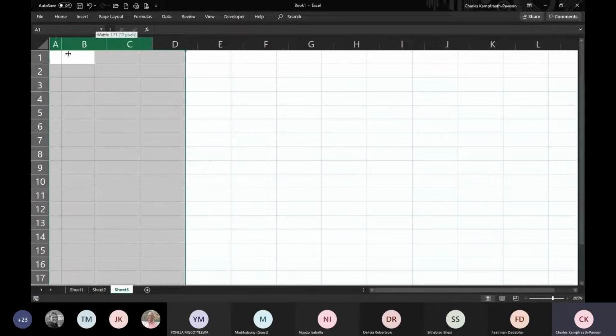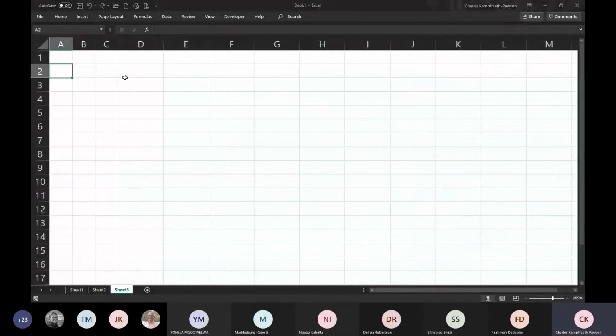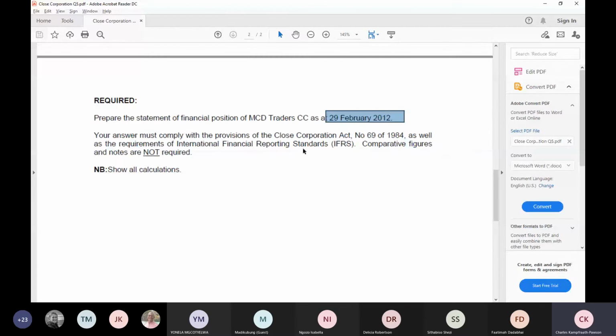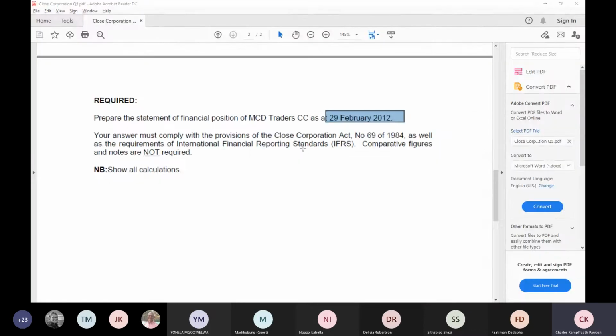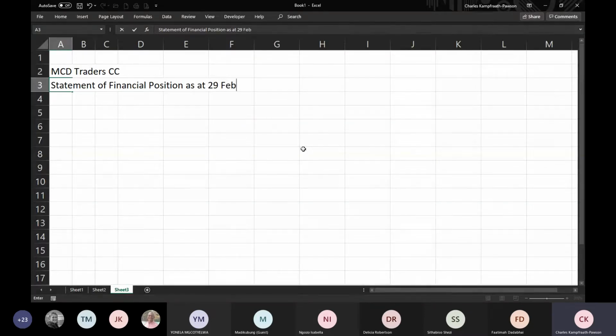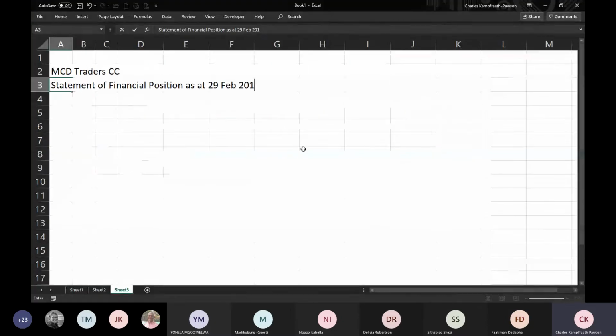So we know what it is they want and for when they want it. MCD Traders, as at 29 Feb 2012.